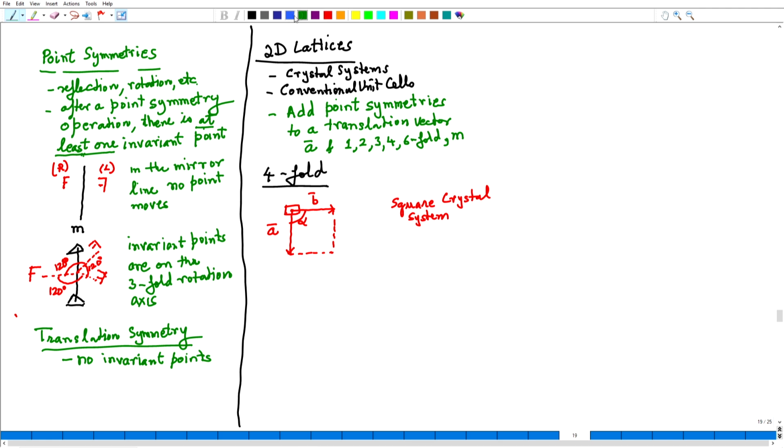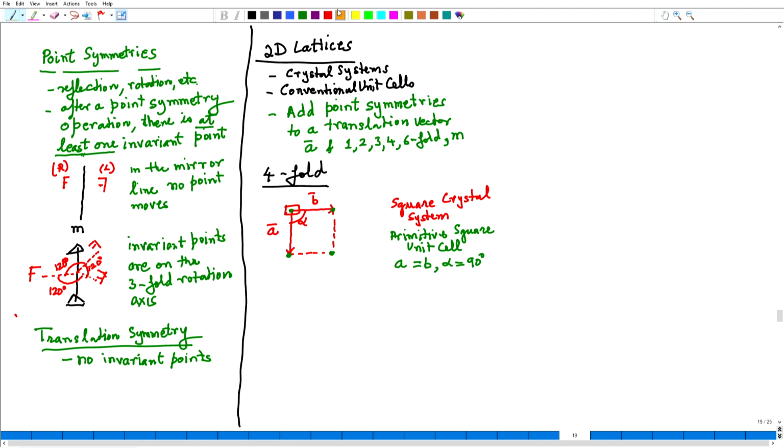So, I can put the lattice points at the corners to obtain a primitive square unit cell. And of course, we can see that in this case A equals B and alpha equals 90 degrees.